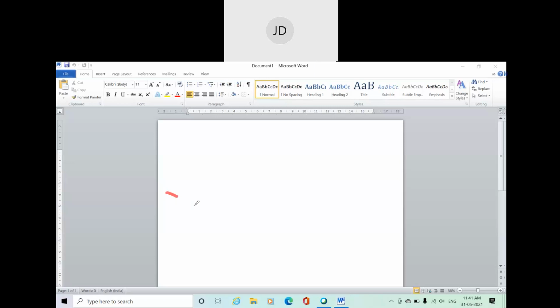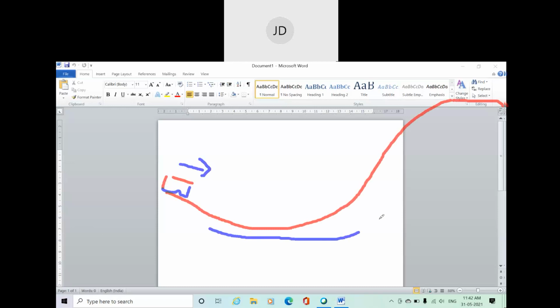Suppose there is a downward elevation, then again an upward elevation, like that. Suppose a train has to move from this point and move along this direction.